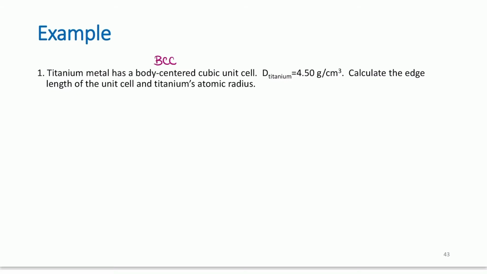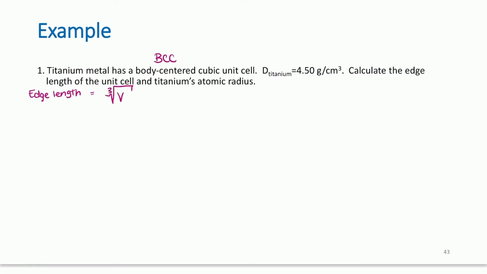Okay, so for edge length, I'm going to take the cubed root of the volume of the cell. Because it is a cube, I know that cubes, we'll pretend that actually looks like a square.